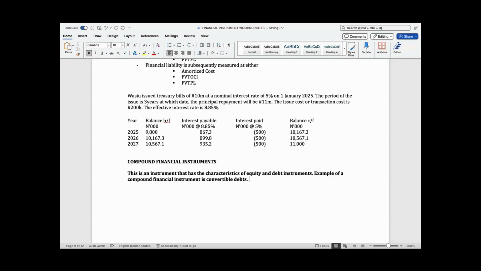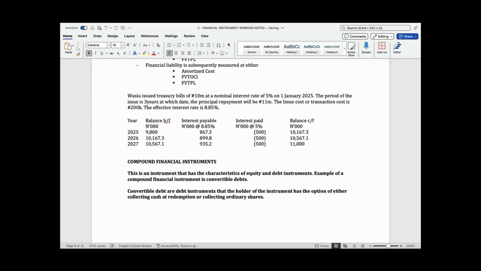And from the name, you will see that convertible debts are primarily debt instruments where the holder of the instrument, when I say the holder, I mean the investor, the person that gave us money, has the option of either collecting cash at redemption, or collecting ordinary shares.